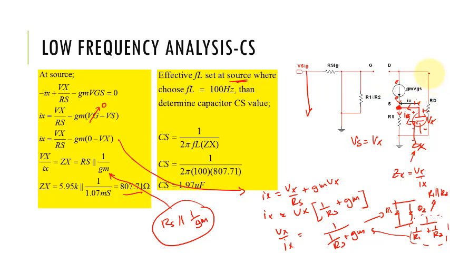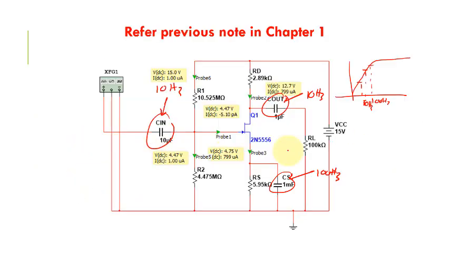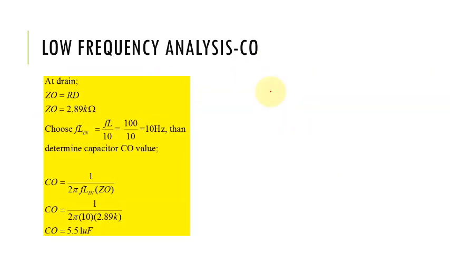So we only have one resistor, which is the RD, and this one is our C out. So Zout is equal to RD, and since we set all the capacitors at the input and the output around 10 hertz, we get the value of the capacitor at the output, 5.51 microfarad.